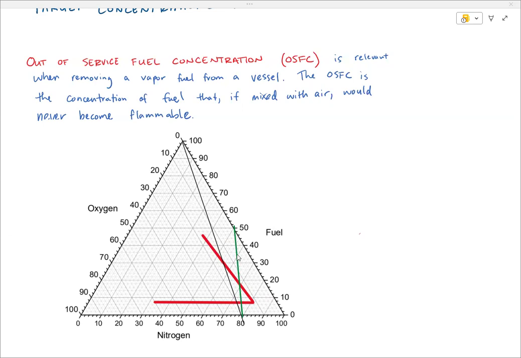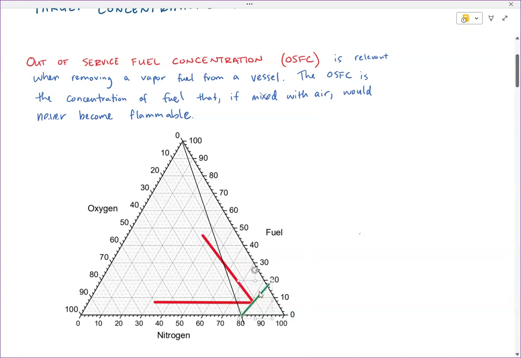So the strategy that we'll employ is to try to find the fuel concentration where if I did mix it with air, I still avoid the flammable mixture. I can do that, for example, by shifting down, and I'm going to move this point to still be on air. I still haven't gotten to it quite yet. I need to tweak my line just a little bit more.